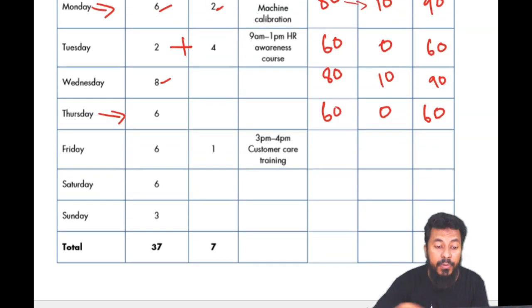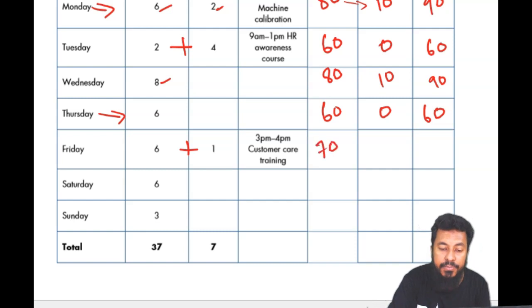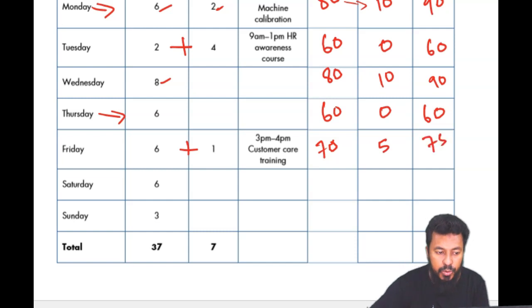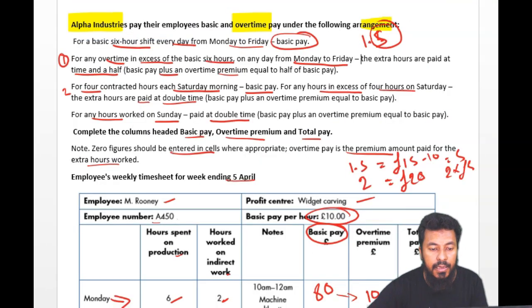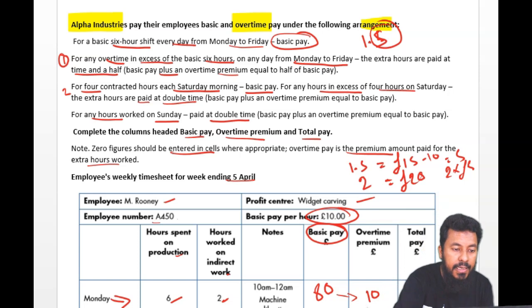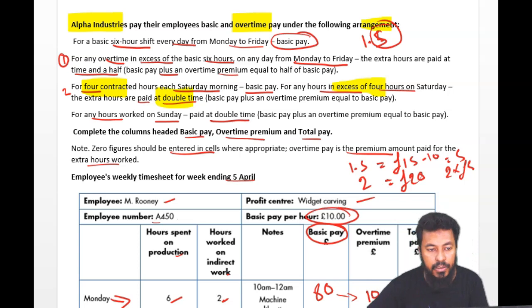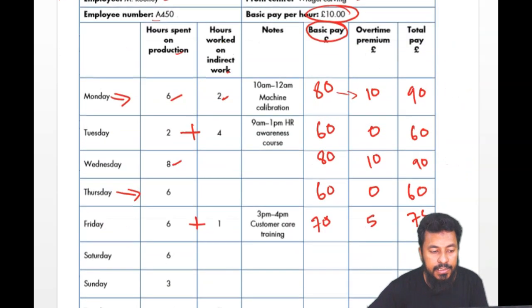Friday, 6 plus 1, so 7 hours. 7 hours basic at the rate of 10 is 70, but 1 hour worked extra at time and a half, £5, is the premium payment. 75 is the total. Saturday, remember what the clause was: for 4 contracted hours, any hours in excess of 4 are paid at double.